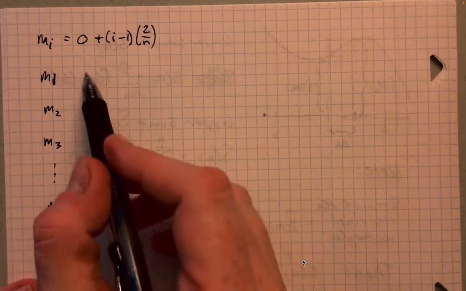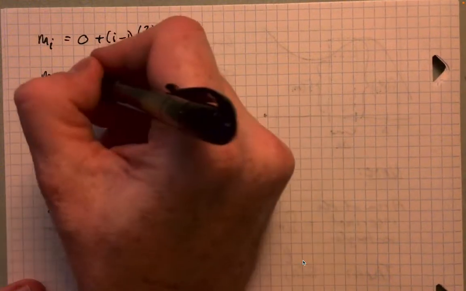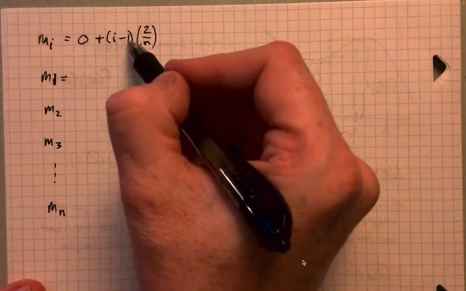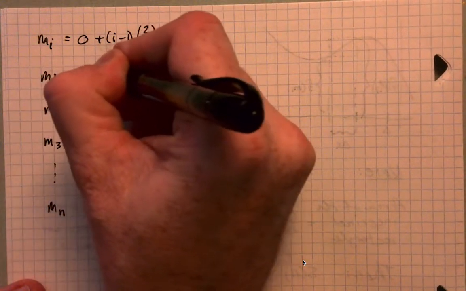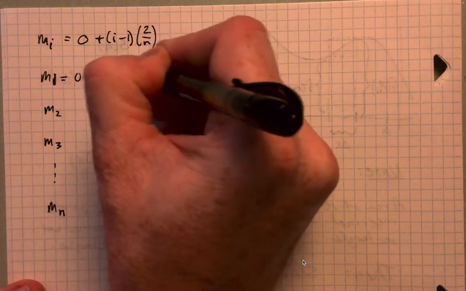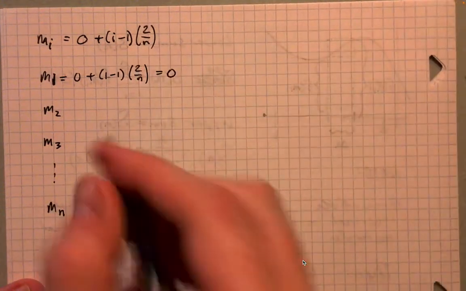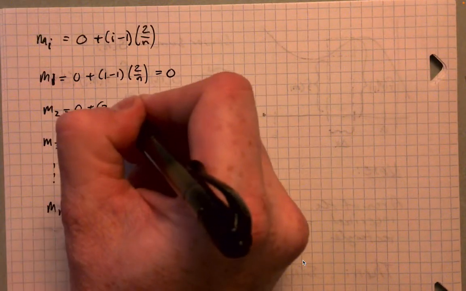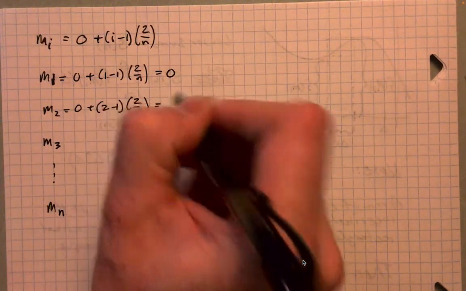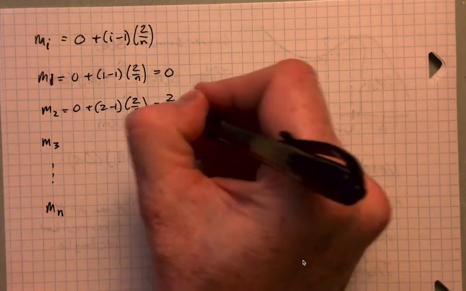Now notice what happens here. For the first one, when i is equal to 1, we get 0 plus (1 minus 1) times 2 over n, and that's just a 0, right? m2 would be 0 plus (2 minus 1) times 2 over n, and here you're going to get a 1, and 1 times 2 over n is 2 over n.